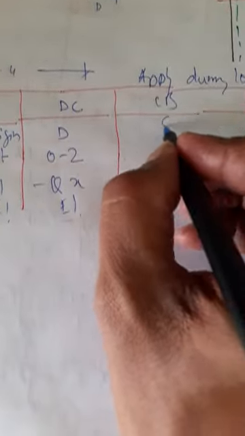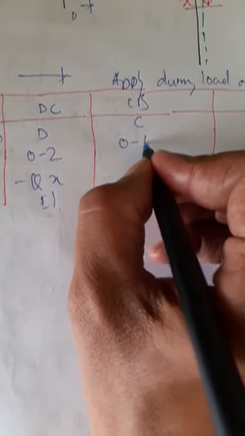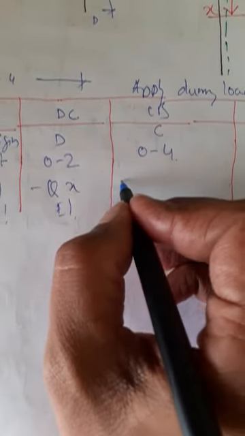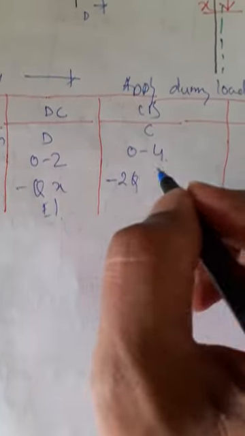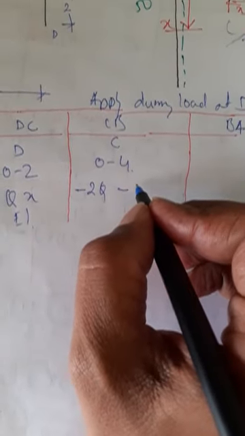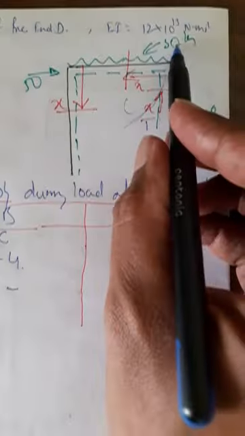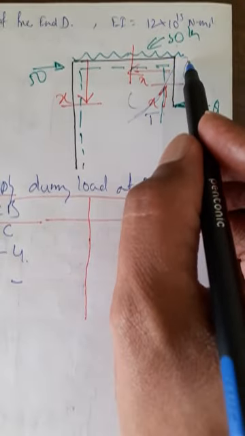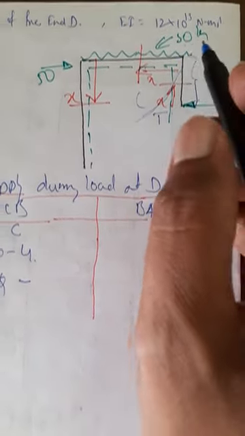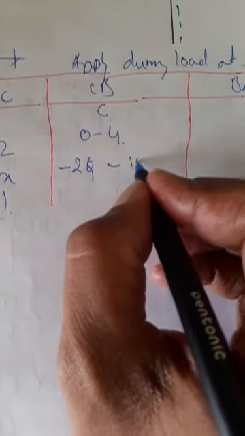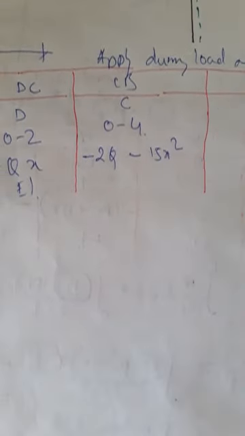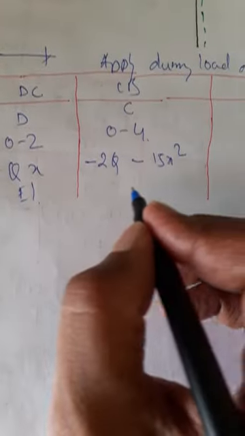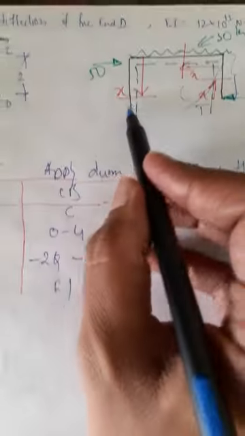So origin is C, limits 0 to 4, so minus 2Q minus the load 30, span X, into X by 2, 30x square by 2, or 15x square, EI constant.